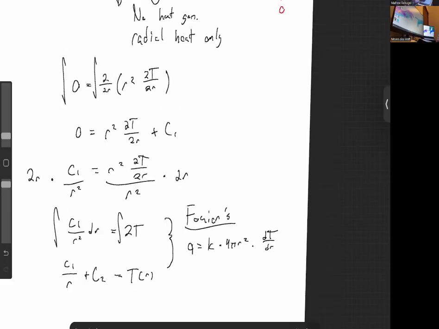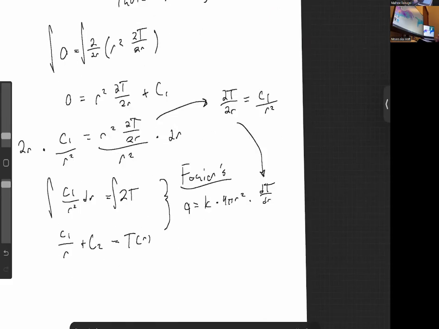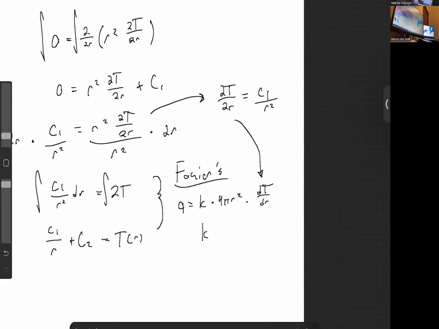Now, I kind of did this part fast, but if you look, dT over dr equals C1 over r squared. If you do the algebra for this, you can actually express dT over dr as C1 over r squared. And when you do that, you get thermal conductivity times 4 pi r squared multiplied by C1 over r squared.